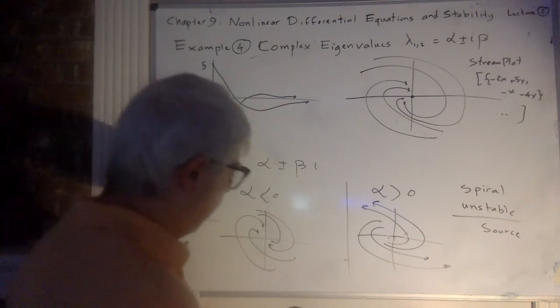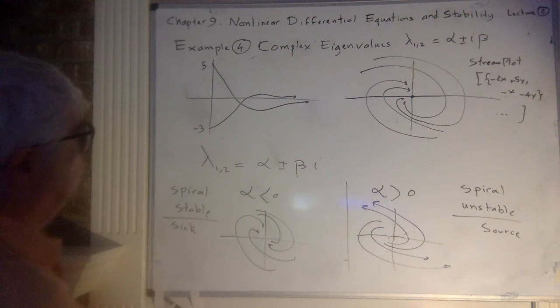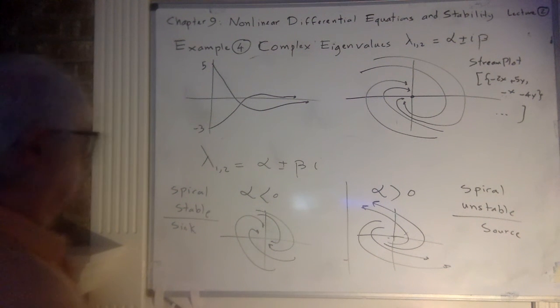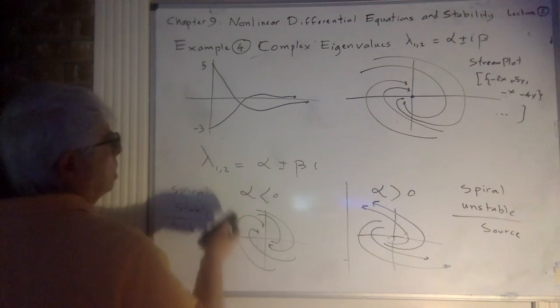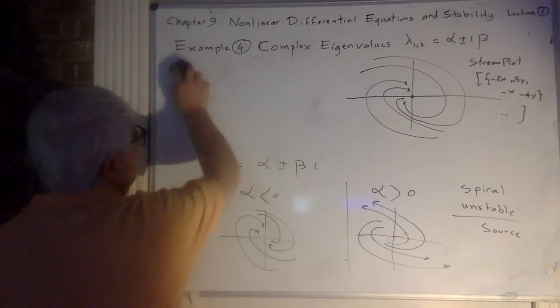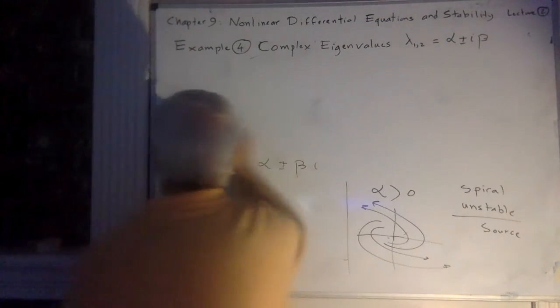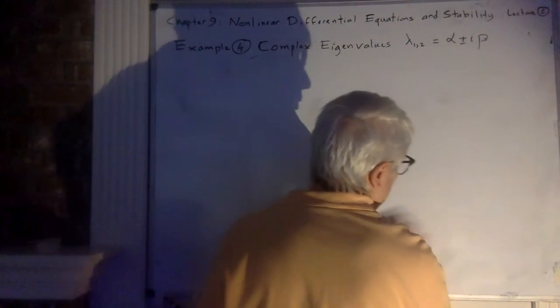Okay, now, what happens if alpha is 0? Well, let's see, if alpha is 0, we will get something like this. Let me erase this thing, and you might say, how could alpha be 0? Alpha can be 0, and there is no damping.